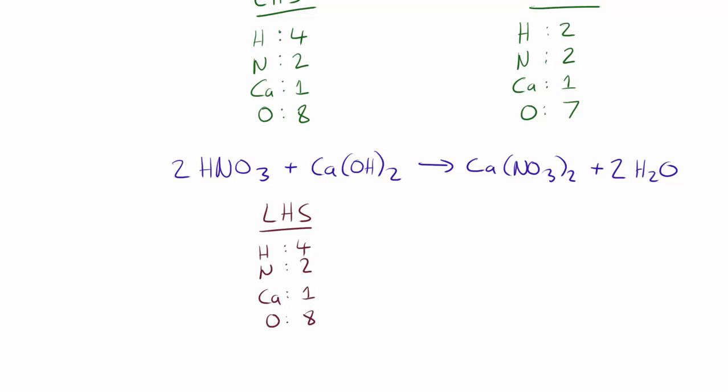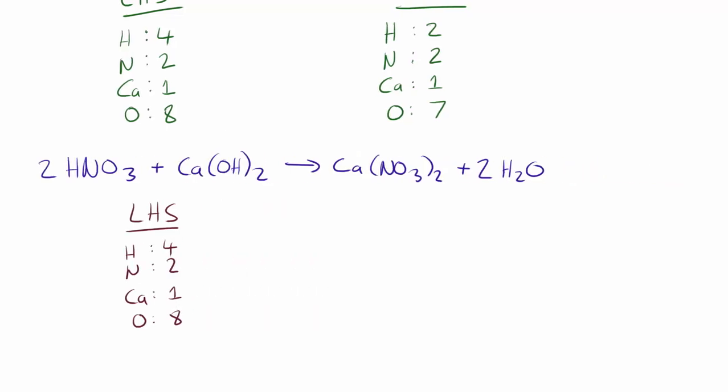Okay, so literally just what was there before, because we didn't change anything. And for the right hand side, we added a 2 in front of the H₂O. So this is not going to change the number of Ca, for example.